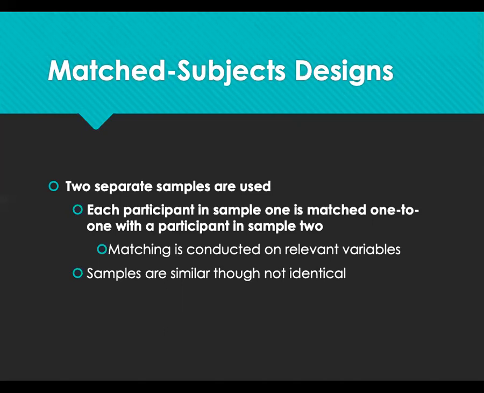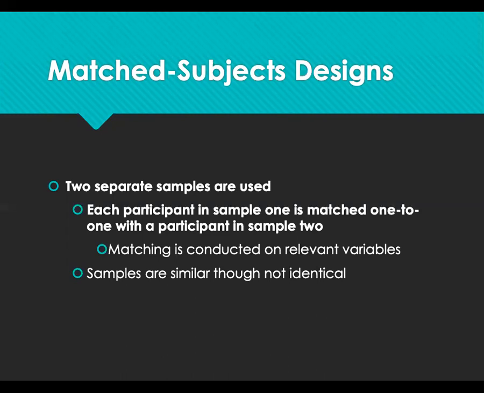But each participant in each sample is matched. Like it says on here, each participant in sample 1 is matched one-to-one with a participant in sample 2, and matching is conducted on relevant variables. So that could be something like age, gender, socioeconomic status, whatever variable might be influencing the dependent variable.